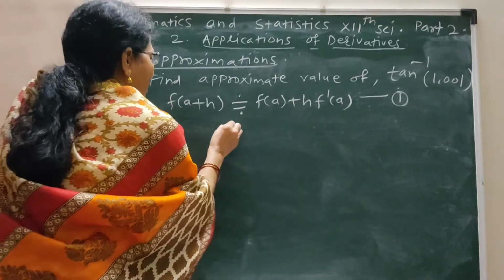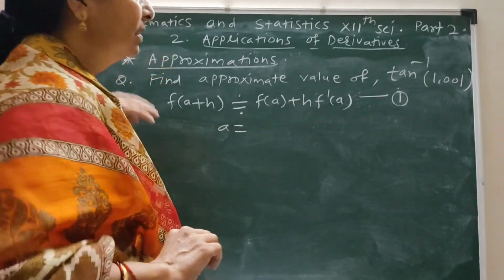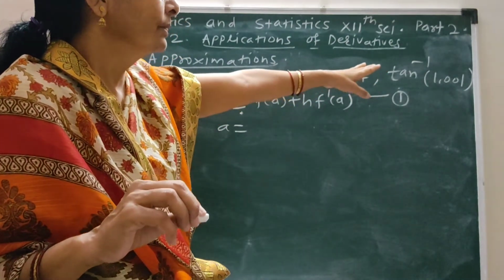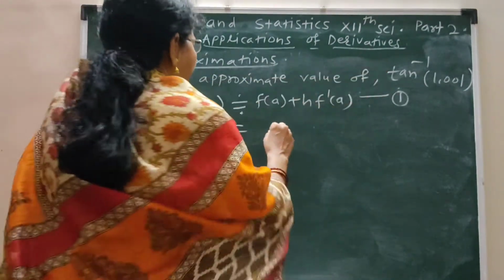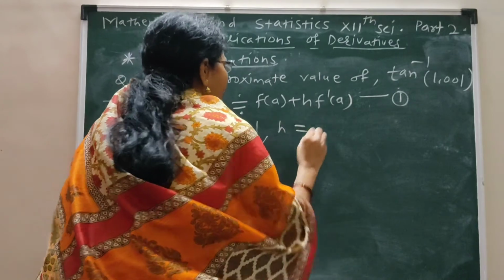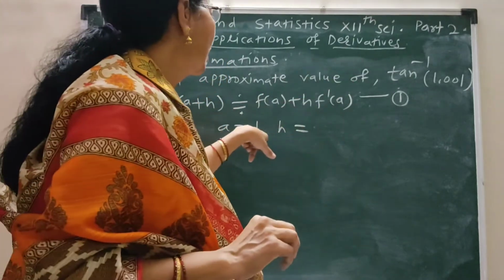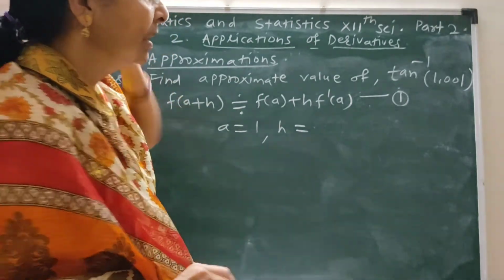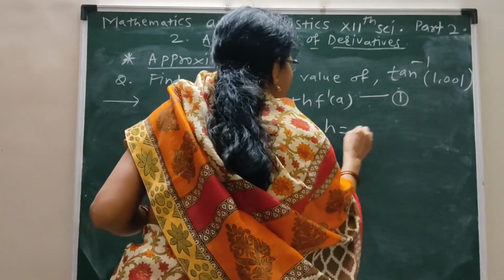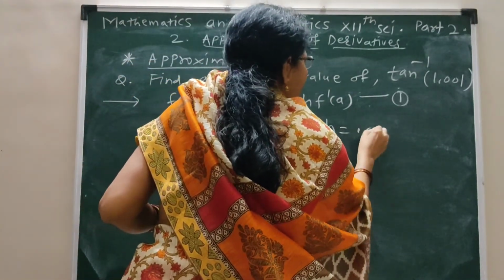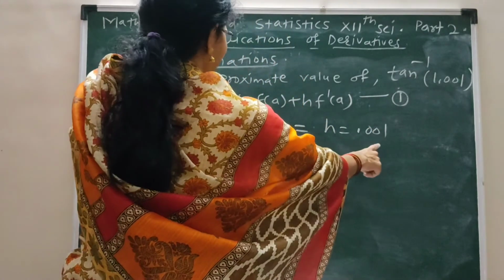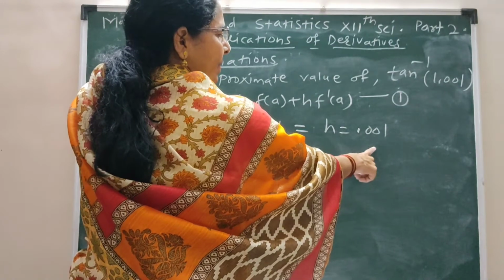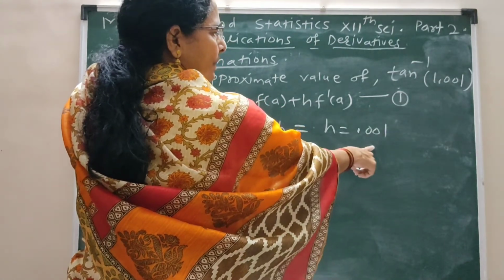Now this is an inverse trigonometric function, so take a as the full value 1, so that we know tan inverse 1. So we take a as 1 and h as 0.001 so that their sum is 1.001.